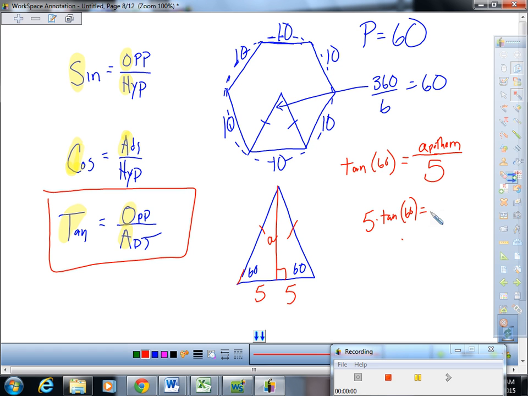Uh-oh, I cleaned up, and I don't know where my calculators are. Now, I can tell you that it's going to be 5 radical 3. But that's special right triangles, and you also don't know that yet. So I'll do 5 times tangent of 60.